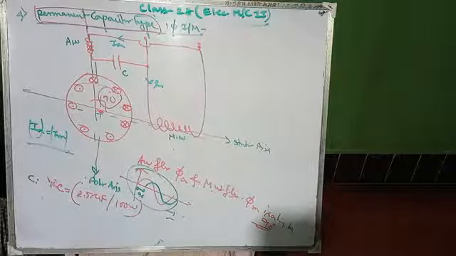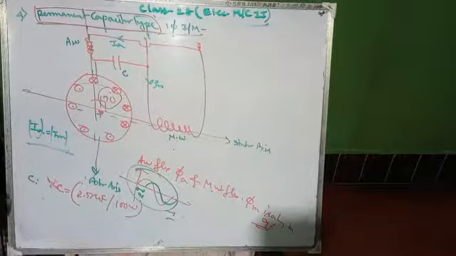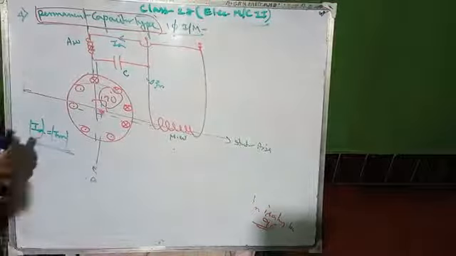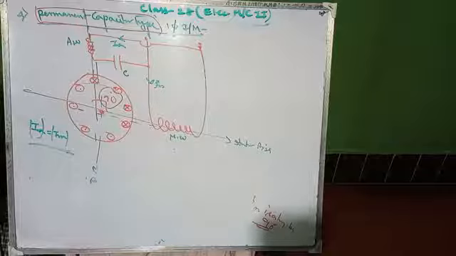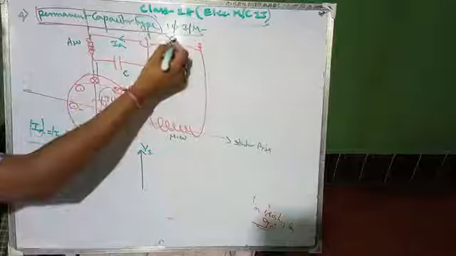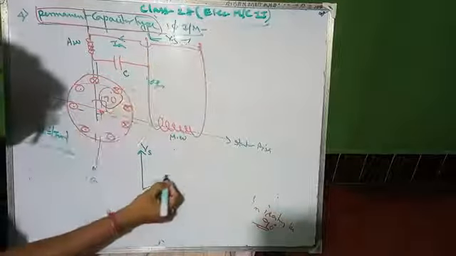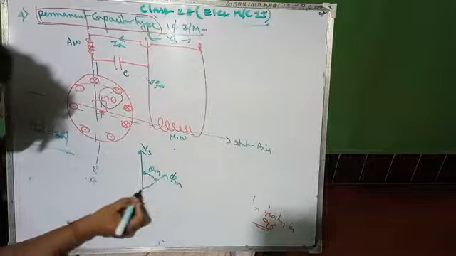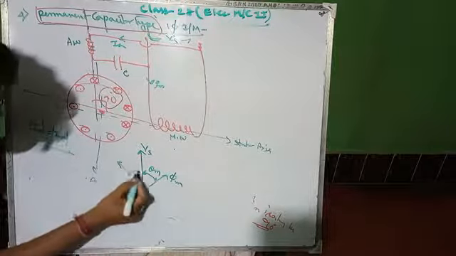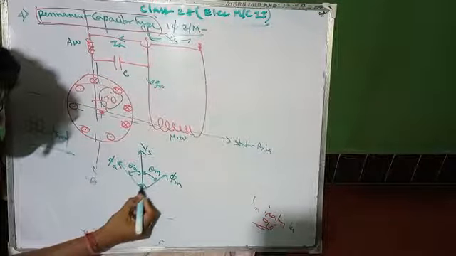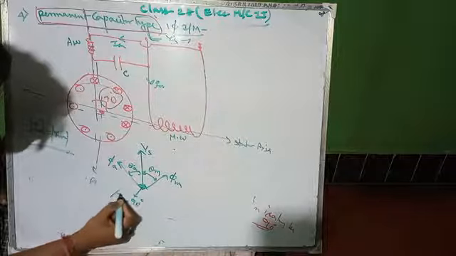For this case, the phasor diagram will be: supply voltage Vs, and this is phi M, with angle theta M, and this is theta A, this is phi A. The angle between these two is always 90 degrees, so beta equals 90 degrees.